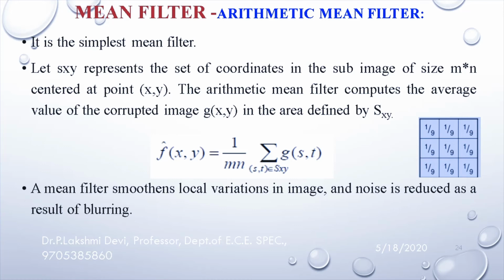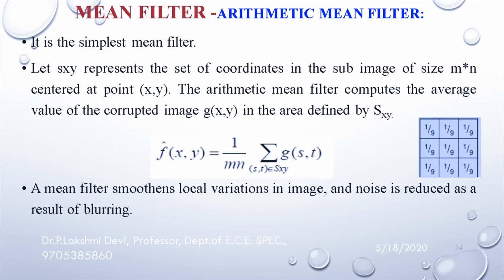G of xy is given as input to the restoration filter, whose output we denote as f cap of xy. For the mean filter, f cap of xy is equal to 1 by mn, where mn is the size of the sub-image you have selected.